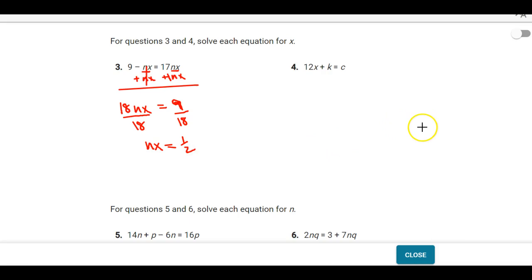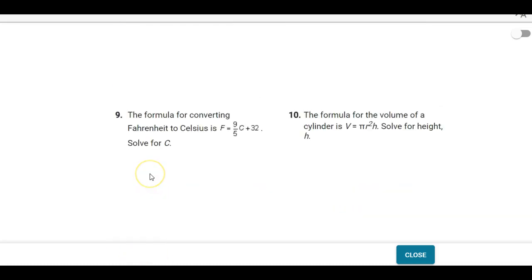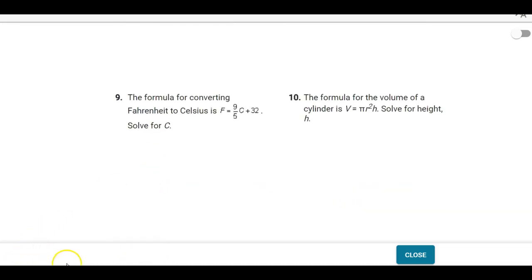Okay? Now, the other one that might be a little tough is the very last problem, which is the Fahrenheit problem. Okay? So now, where this is a little tough is I'm getting C by itself.